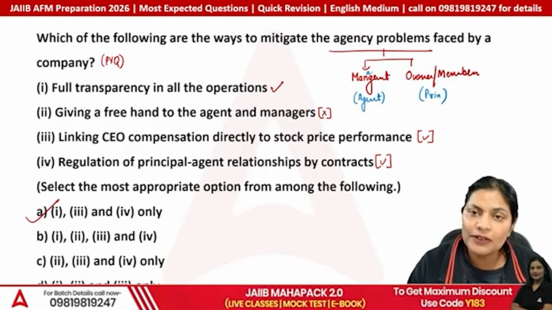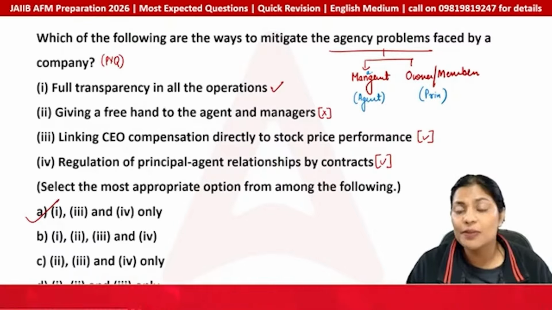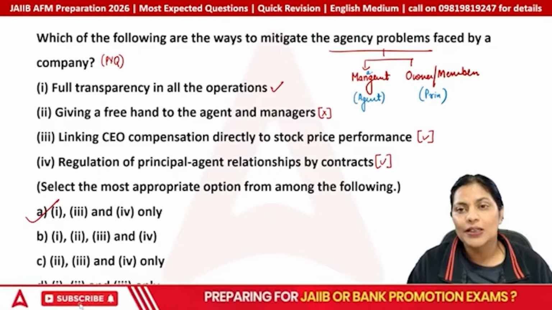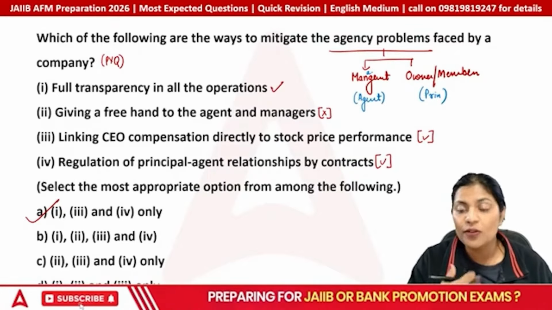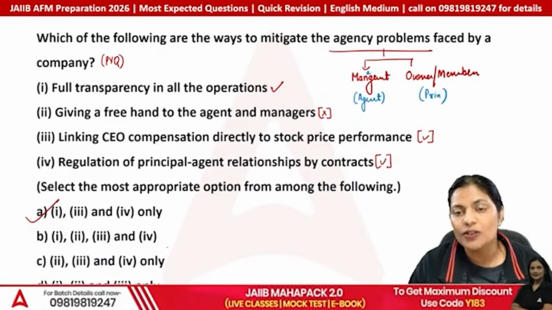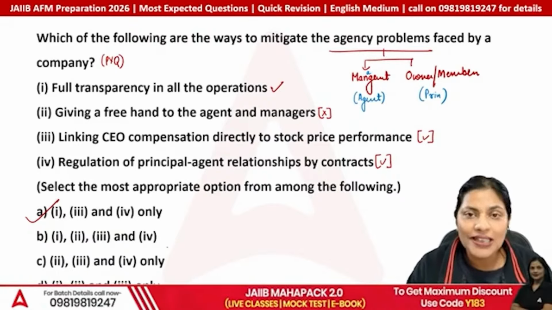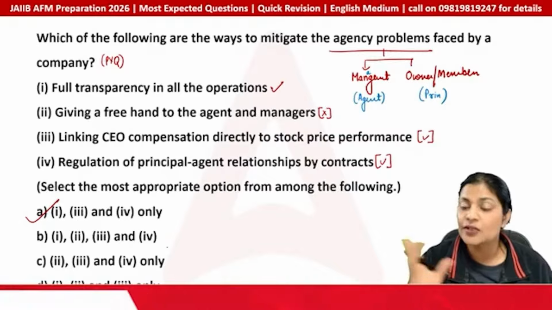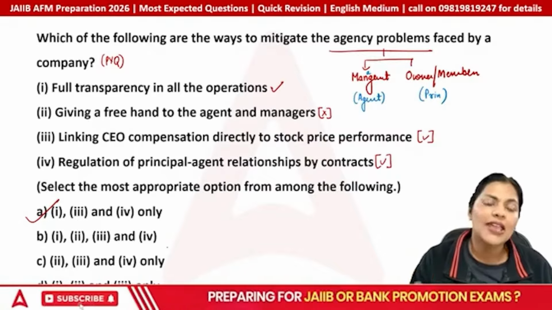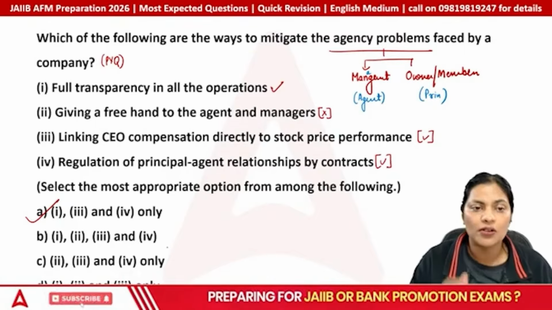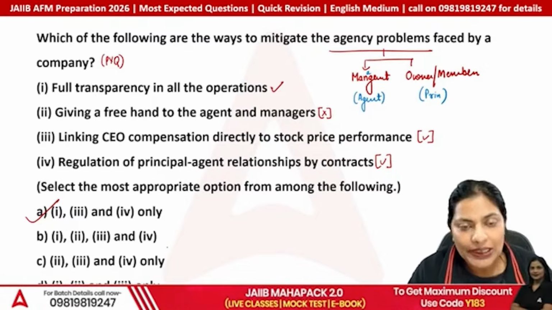They are looking for the benefit of everyone. They are working for the benefit of the company, but members would like to see all the benefits from their point of view. And due to this, the conflict arises. So this conflict is called agency problem. And in order to mitigate or reduce these conflicts, these are some options that could be tried.